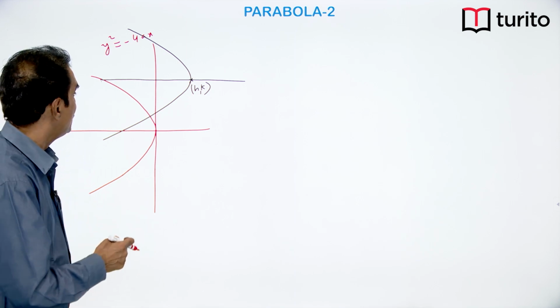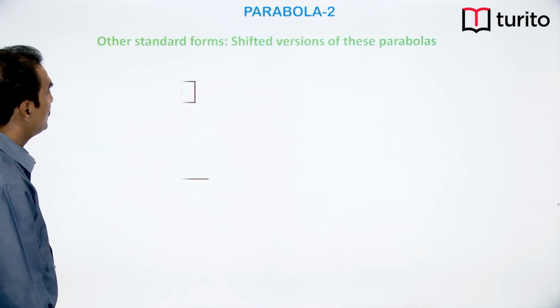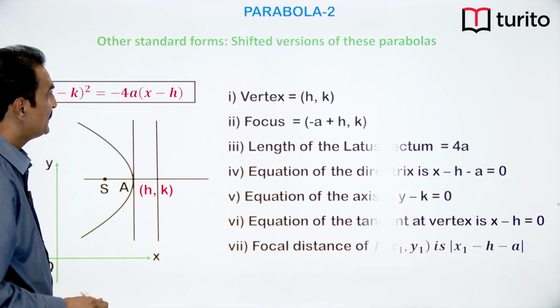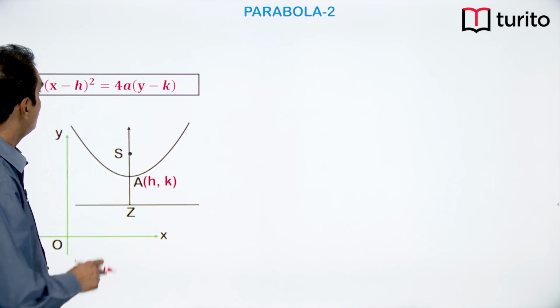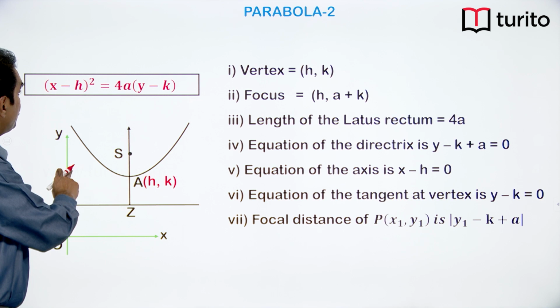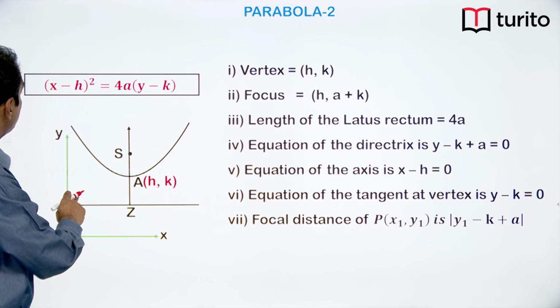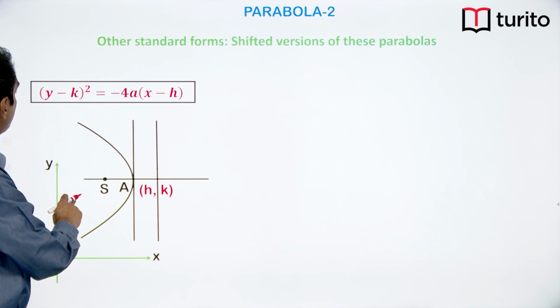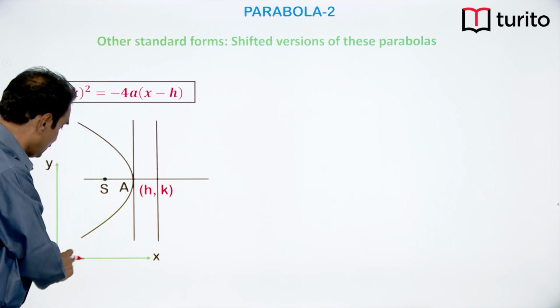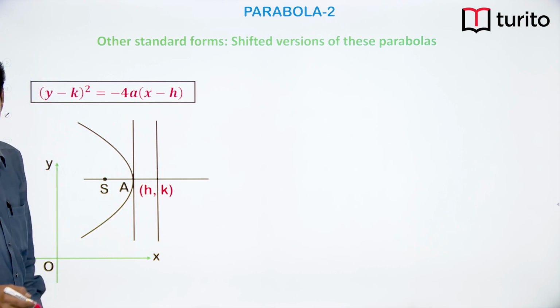Now, let us see the characteristics of this parabola. This first one is over. This parabola is shifted to this position.